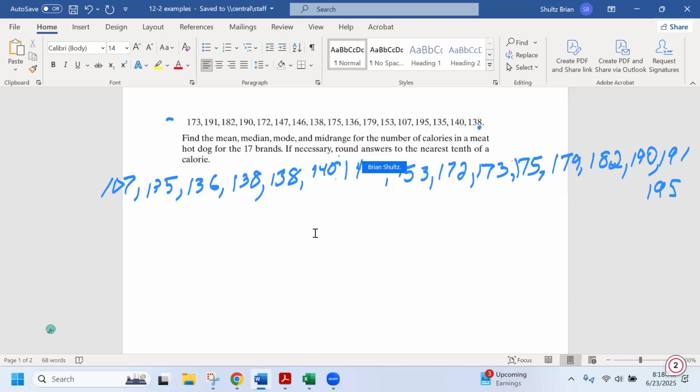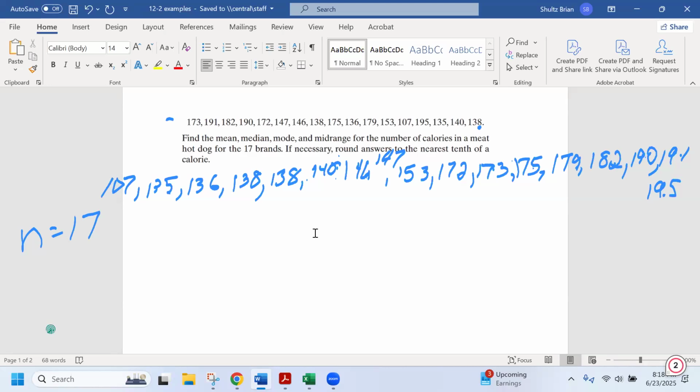I have them in order. I'm going to count out however many there are and let that be n: 1, 2, 3, 4, 5, 6, 7, 8, 9, 10, 11, 12, 13, 14, 15, 16, 17 numbers. When the number of values is odd, you are going to have a set median. If the number is even, you will have to find the average of the two middle numbers. That's just a helpful hint.